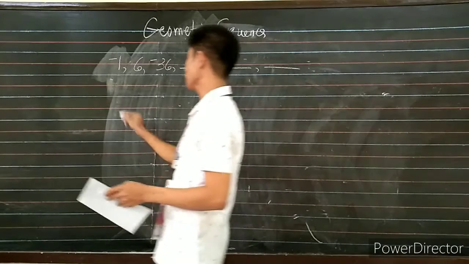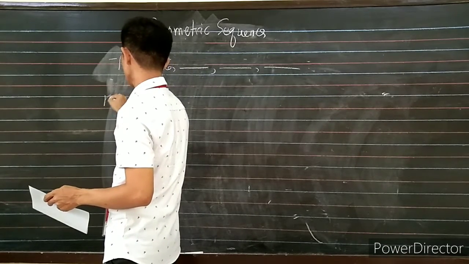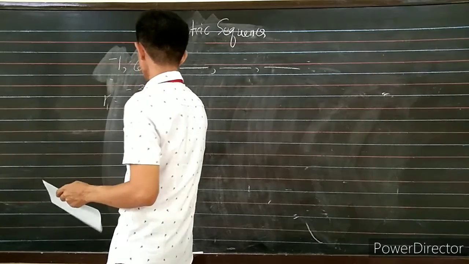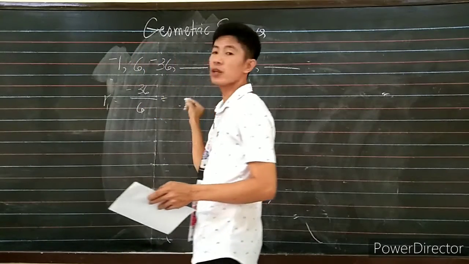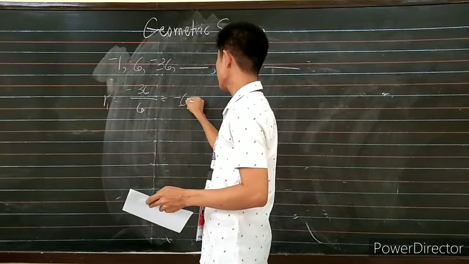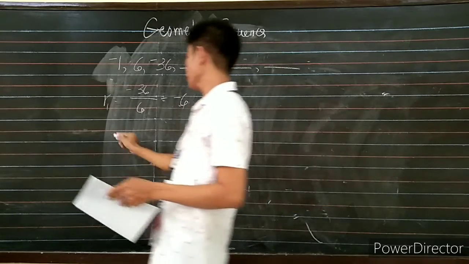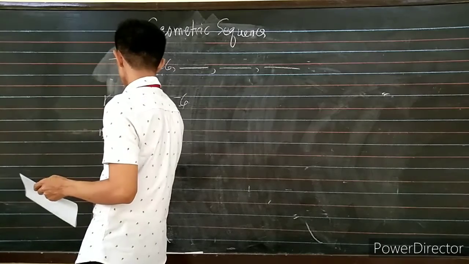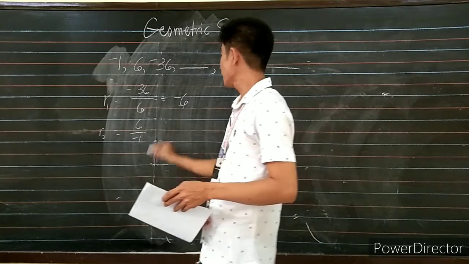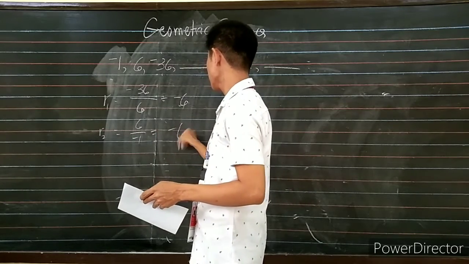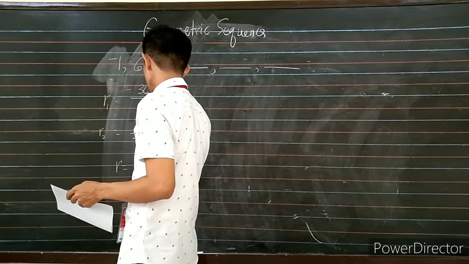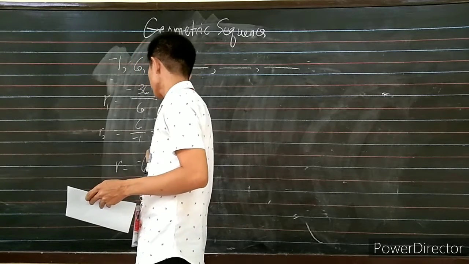Let us first identify the common ratio. Ratio 1 is equal to negative 36 divided by 6, and that is equal to negative 6. For the next ratio, we have 6 divided by negative 1, that is equal to negative 6. Therefore, the common ratio is negative 6.